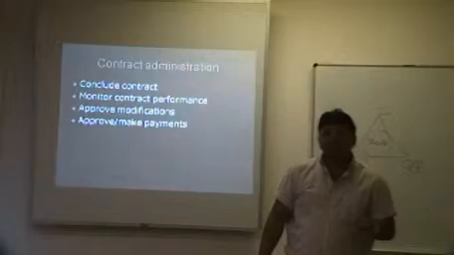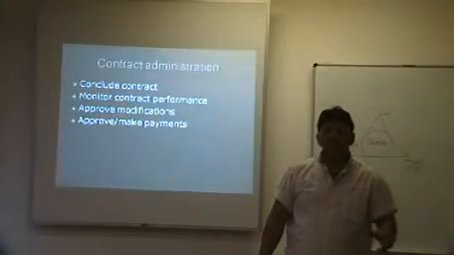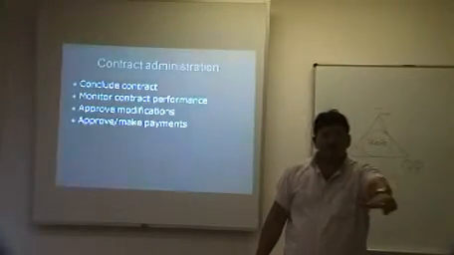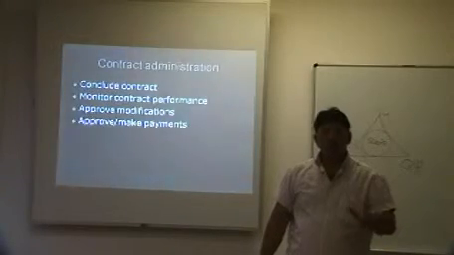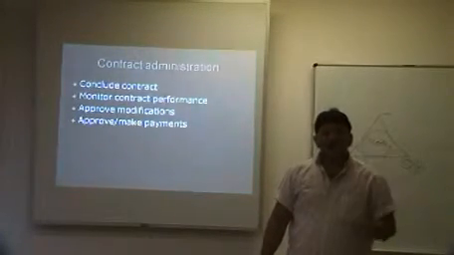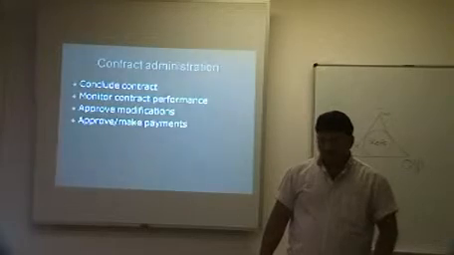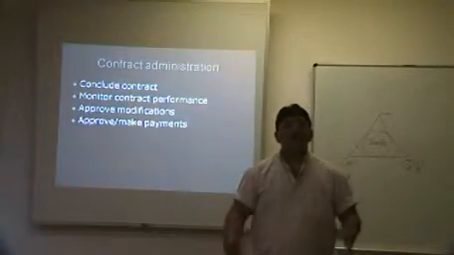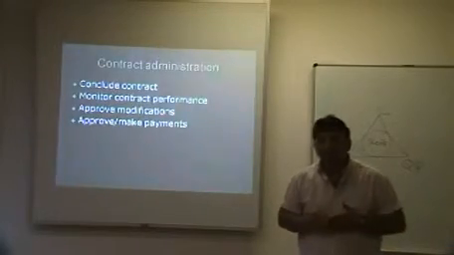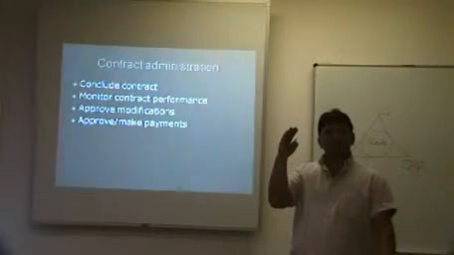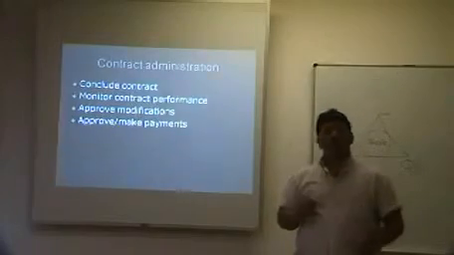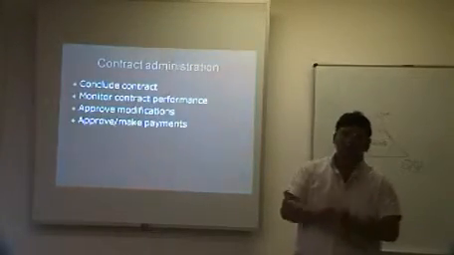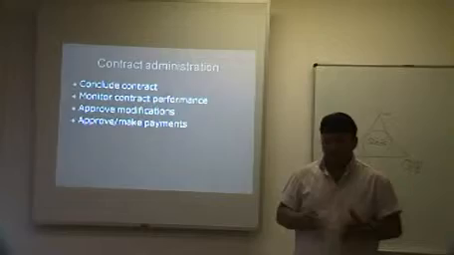If there's a scope change from a project point of view, it will come via the contract. It will be notified via the contract, and the contract manager, project manager, will then approve the modification, or it might be approved by the steering committee. If it's a major change, the steering committee will approve that. If it's a minor change, the project manager will approve that.